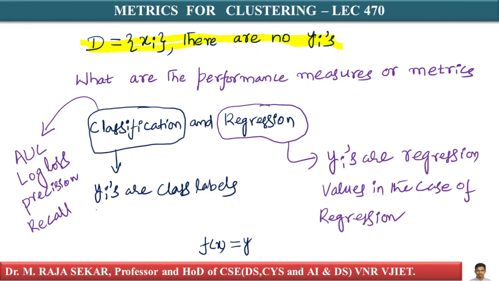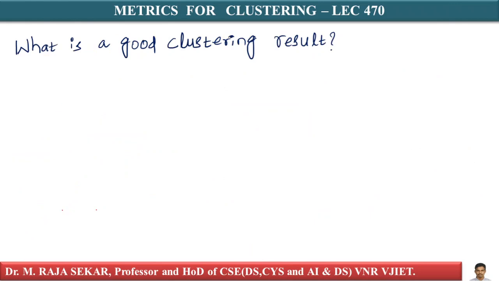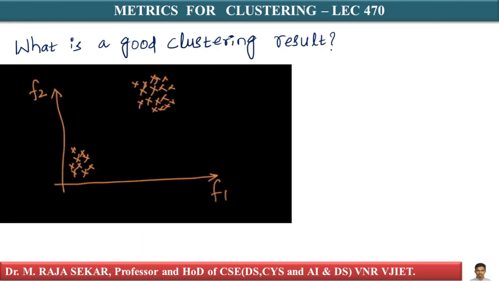Before we go into the exact metric itself, let's understand the geometry. Let's try to get geometric intuition on what is a good clustering result. To understand this, let's draw a simple geometric diagram.